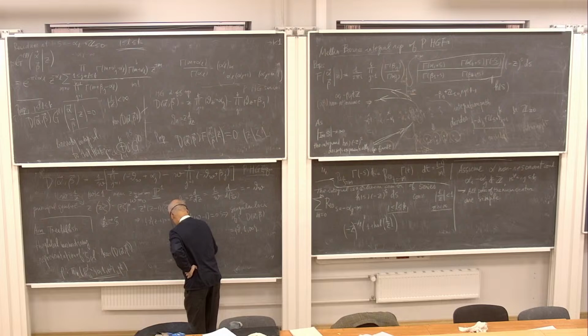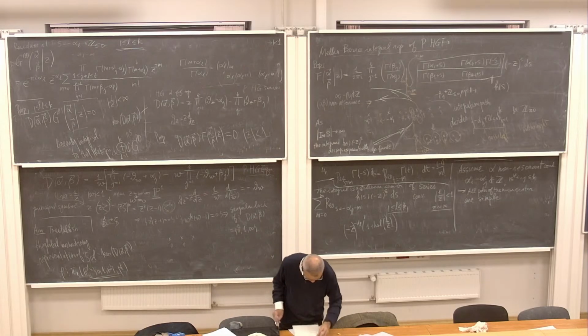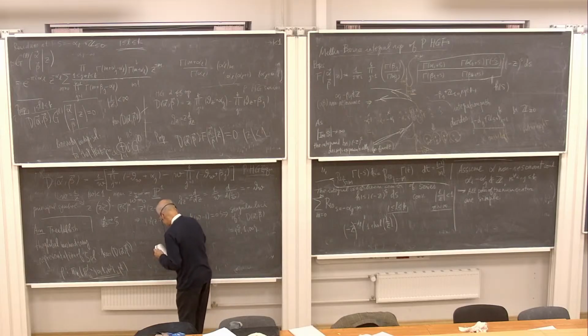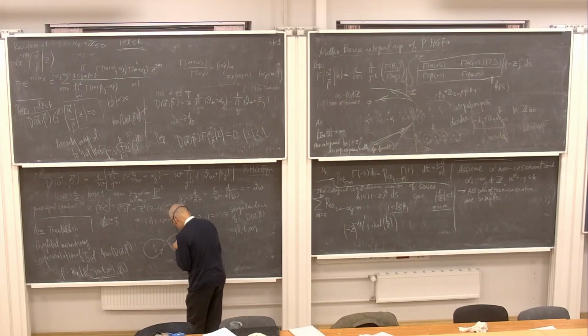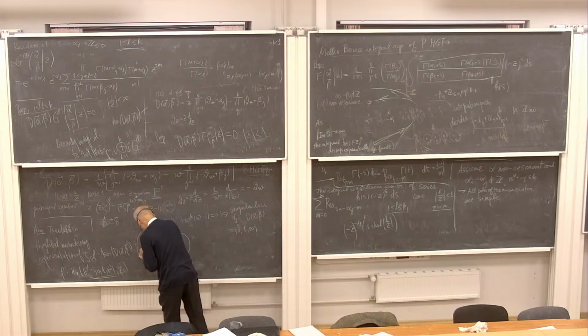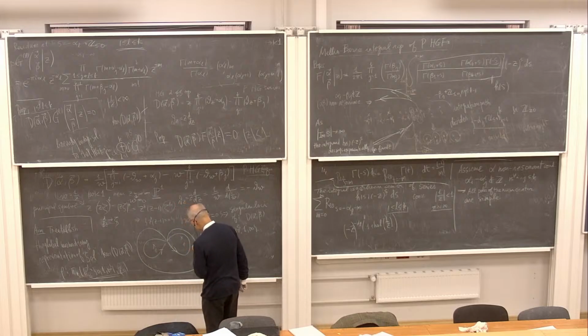Absolutely like in the case of the Gauss hypergeometric function, the structure of the fundamental group is the same. It has only three loops.